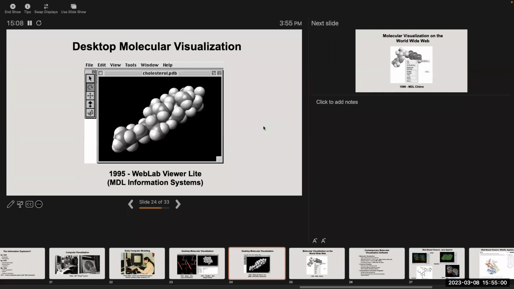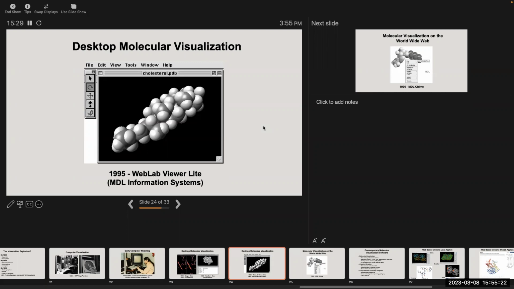And one of the coolest things about WebLab Viewer Lite was the fact that it let you export the model as a VRML file, which stands for Virtual Reality Markup Language. It's a 3D file format.